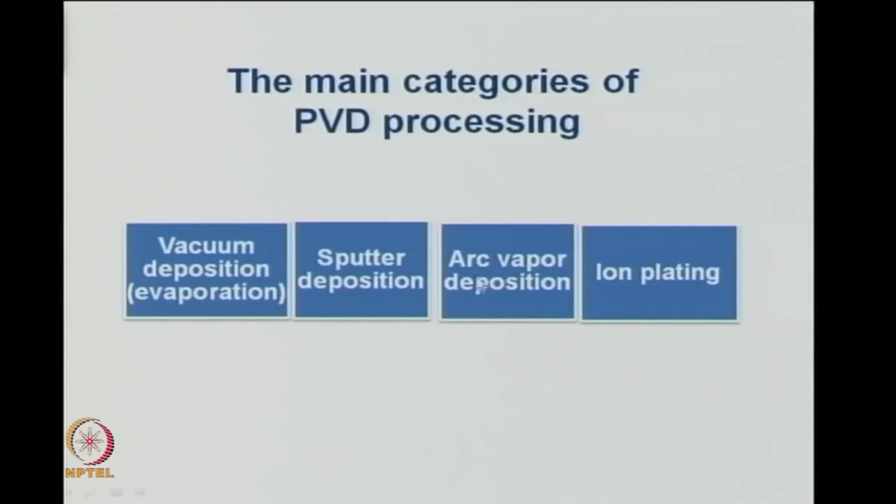In arc vapor, from the term arc you can understand that an electric arc discharge has to be generated, during which a plasma is created, and then you can deposit atoms from that phase. Ion plating includes methodologies where ions assist in the deposition. We will discuss each of these four methods in a little more detail, and all four belong to the physical vapor deposition process.